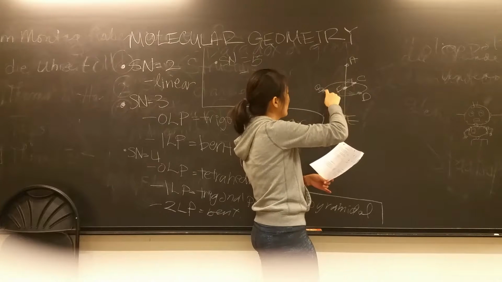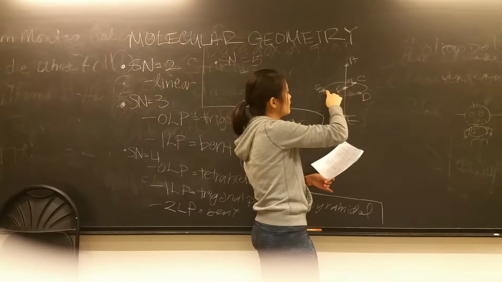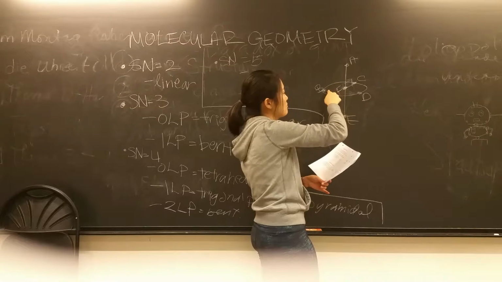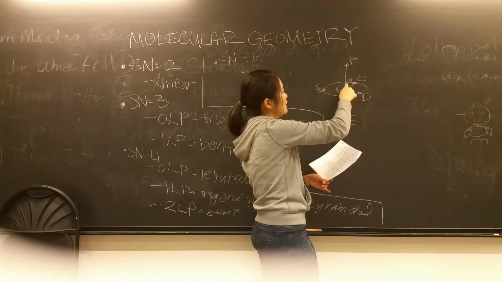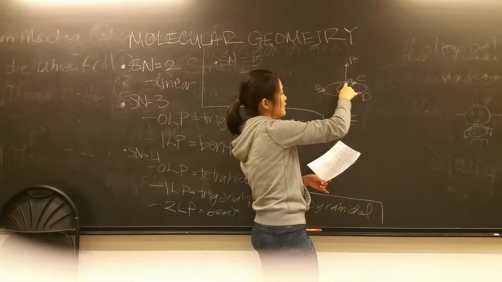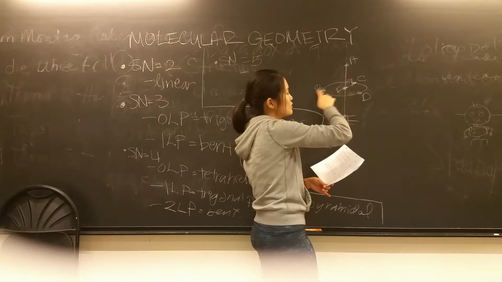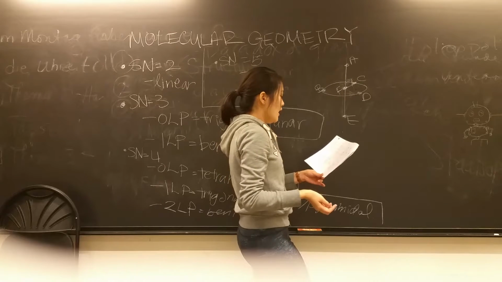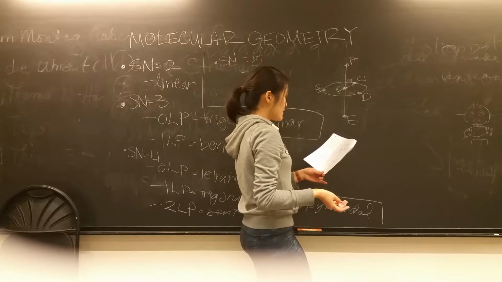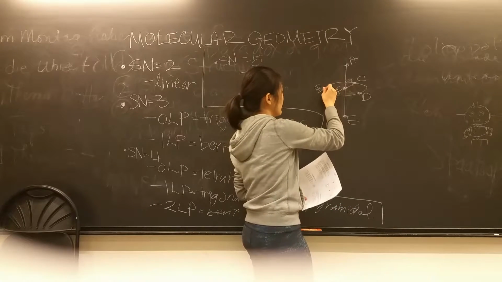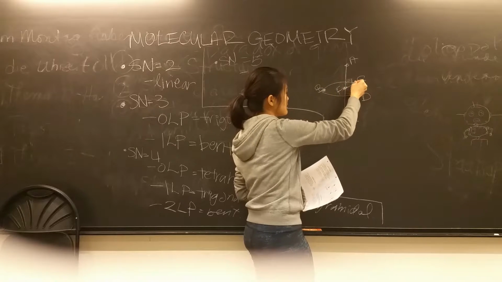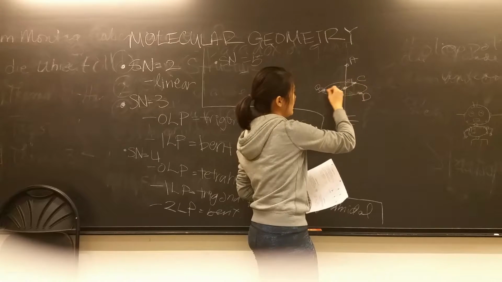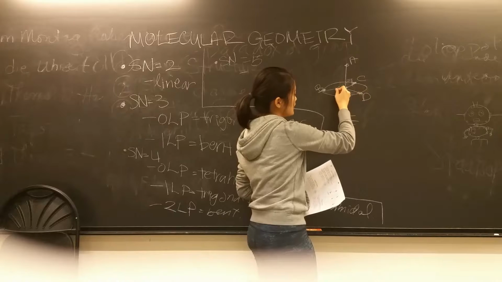So again, A in respect to B is going to be 90 degrees, a 90-degree angle between them in relation to the central atom. And B is also going to have a repulsion from C and from D at 120 degrees, right?